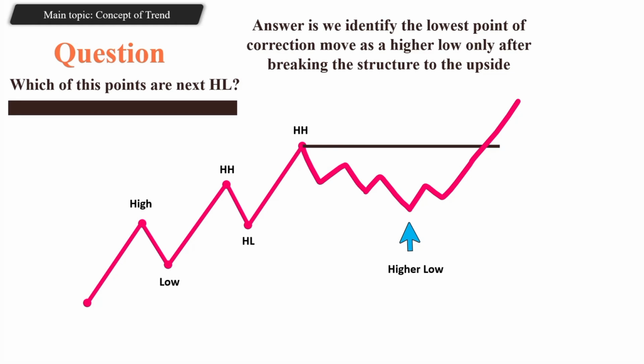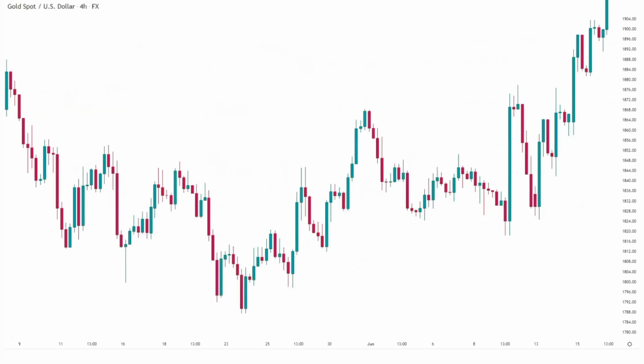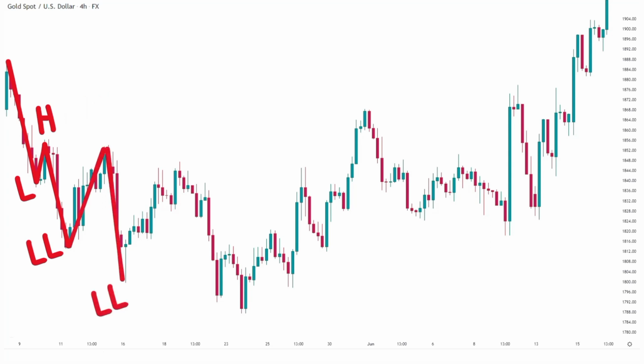Remember, the same thing applies to the downtrend. So let's apply this concept to a real chart. Here we have a downtrend with a 1, 2, and 3 moves. According to what we said earlier, we are in a downtrend as long as we stay above this high. In the next moves, price broke the structure level to the downside and made a new lower low.